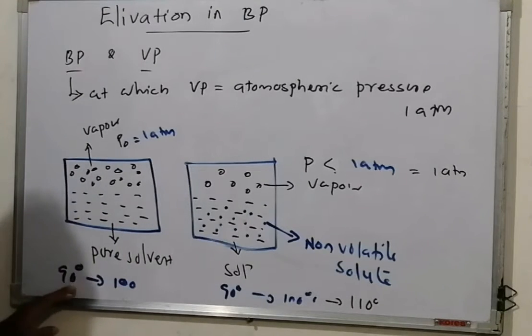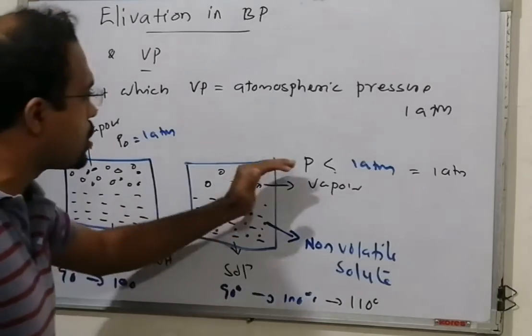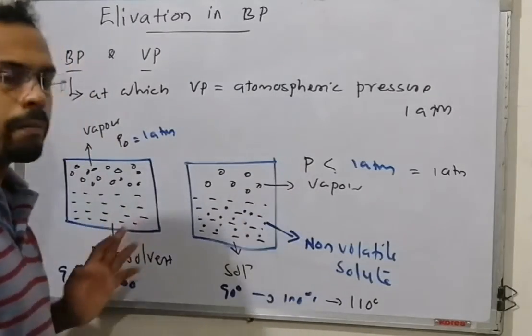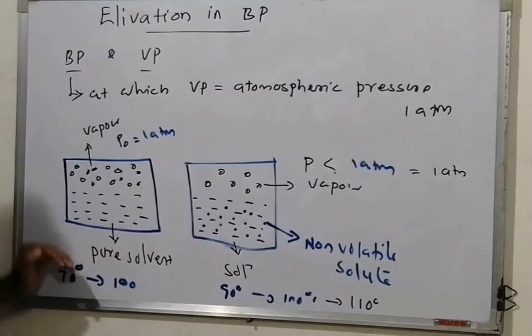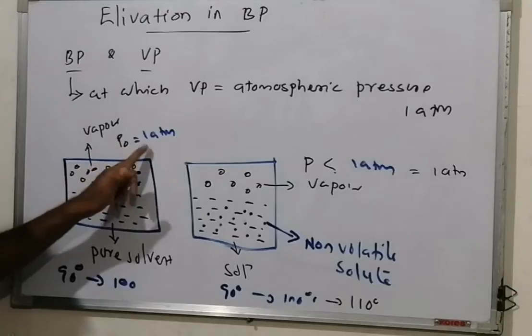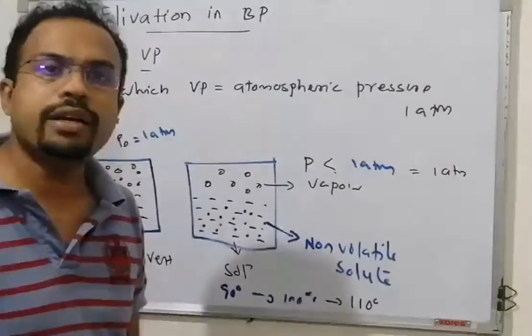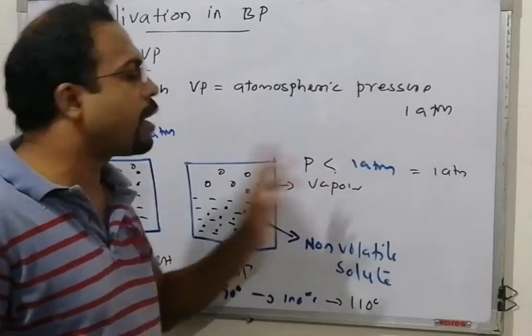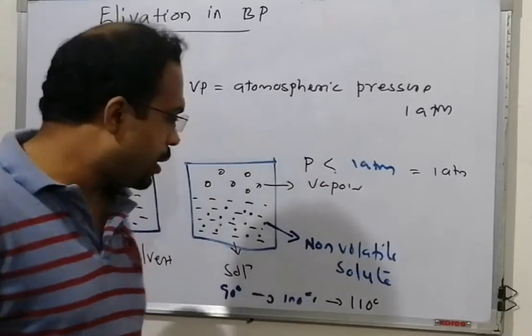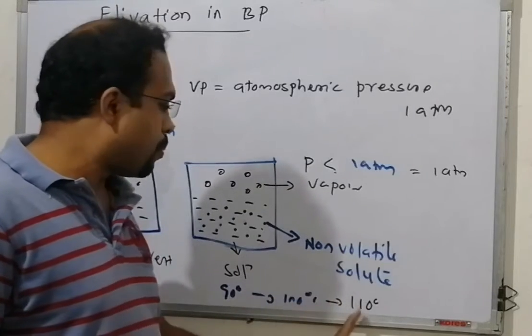Suppose at 90 degrees, this is P0 and this is P, with P0 greater than P. At 100 degrees, the vapor pressure of the pure solvent increases and becomes 1 atm. At 100 degrees, will the solution's vapor pressure be 1 atm? No, it is less than 1 atm. To make it 1 atm, normal atmospheric pressure, you have to increase the temperature.